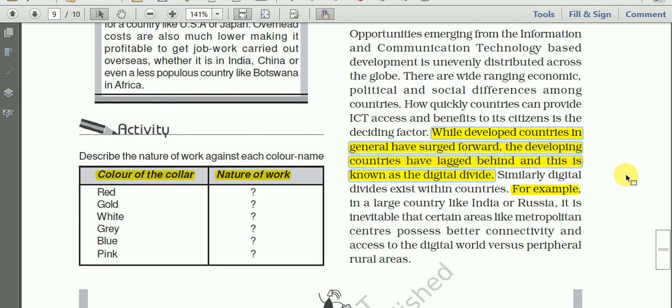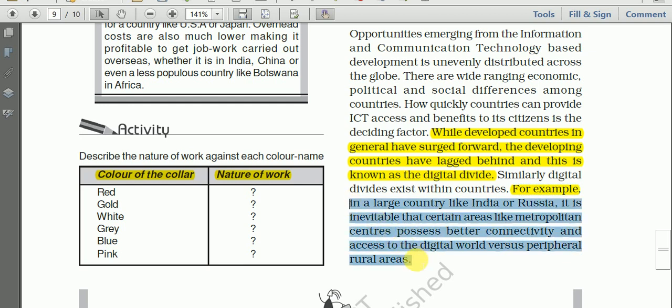Similarly, we can have digital divide within a country also. For example, in a large country like India or Russia, it is inevitable that certain areas like metropolitan centers possess better connectivity and access to the digital world versus peripheral rural areas.